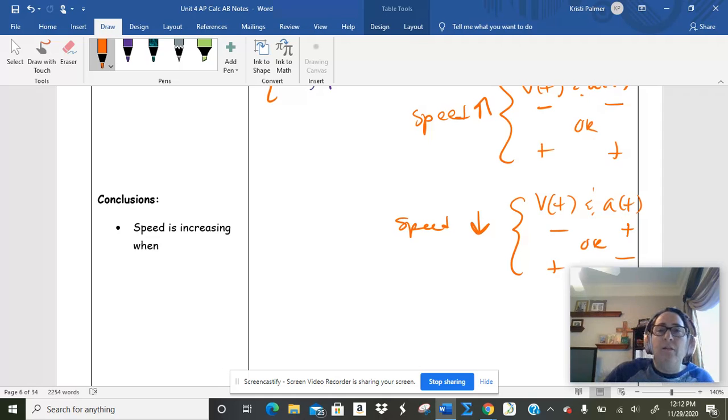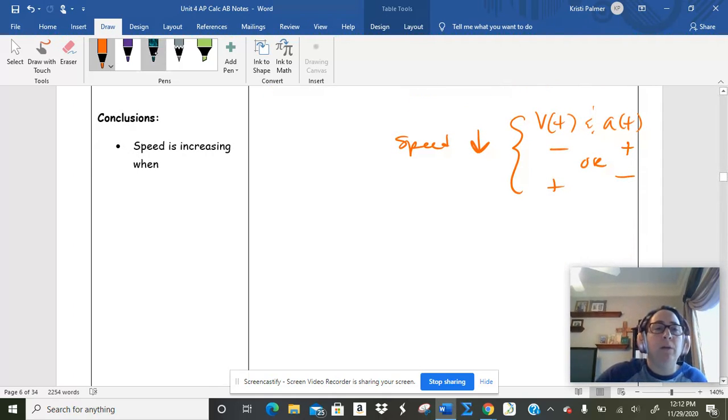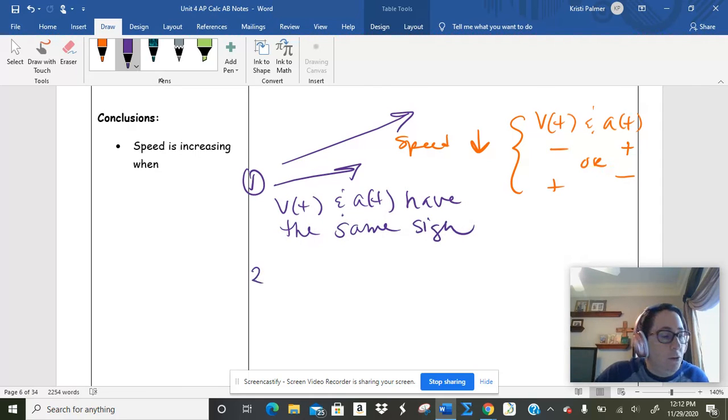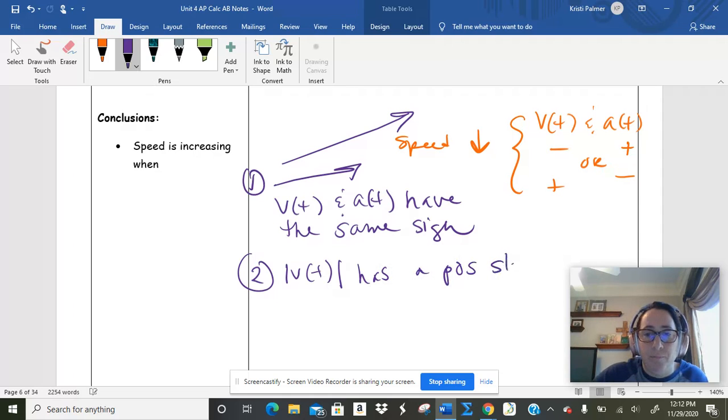So we have lots of options to talk about when speed is increasing. One is what I just said, okay? Speed is increasing when V of t and A of t have the same sign. Two, when I graphed at the very beginning, the speed graph has a positive slope.